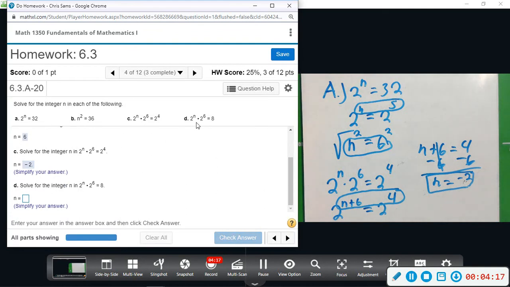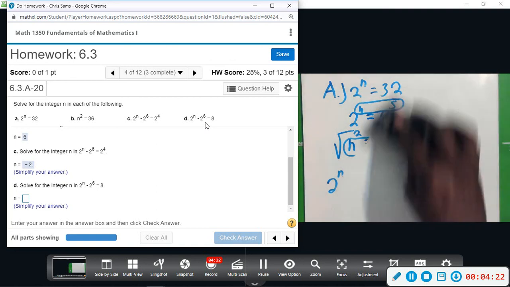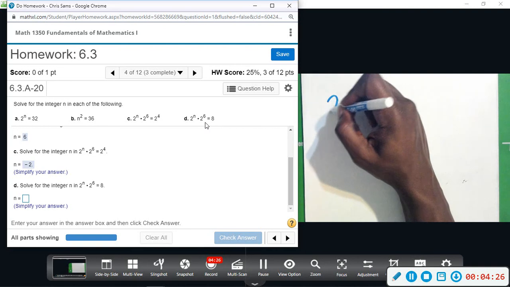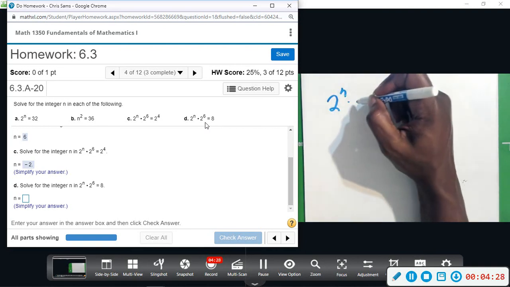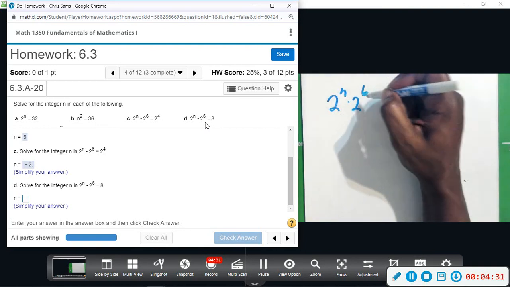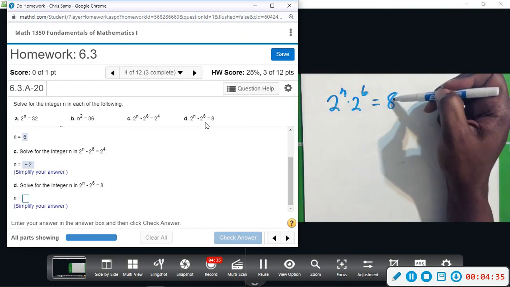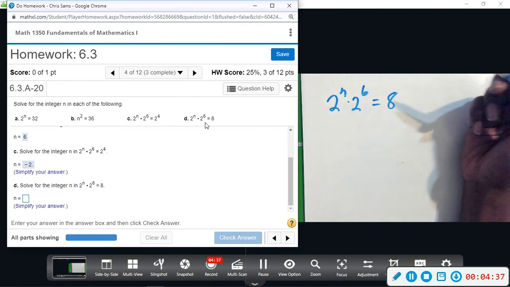And then D will be very similar to that, same thing. We're going to do 2 to the nth times 2 to the 6th equals 8. This time we want to rewrite 8 as a power of 2.